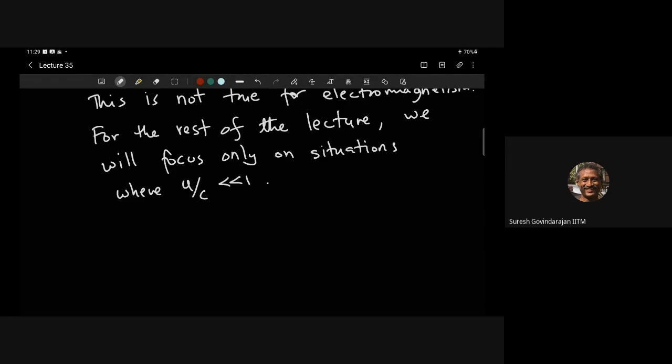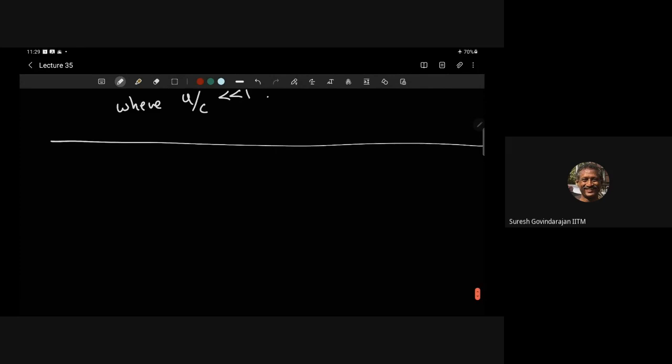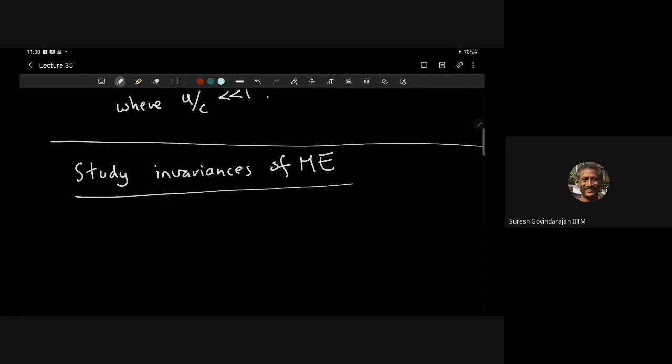One thing we do know is that the law Q V cross B has been tested in the lab, at least at low velocities. So that's all we will need. Let us go back and now study, in some sense, invariances of ME, but at a very simple level.